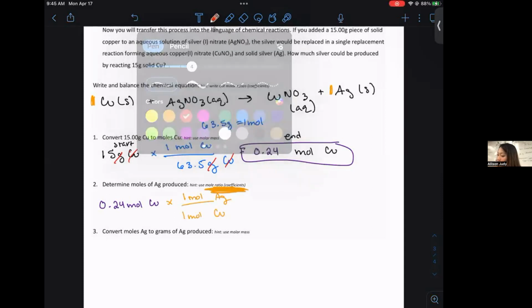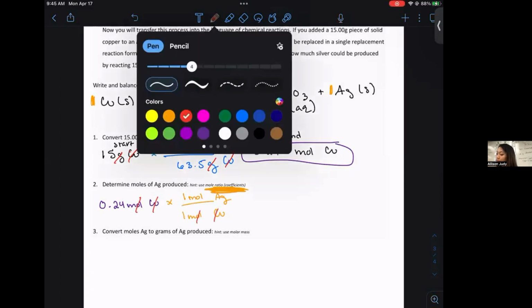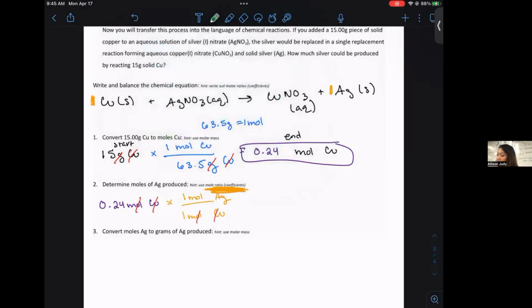I cancel out moles of copper and I'm left with moles of silver, so I get 0.24 moles of silver.